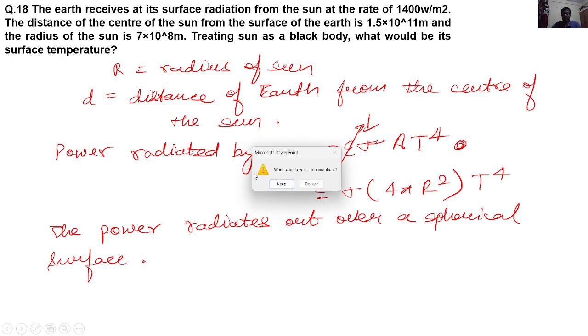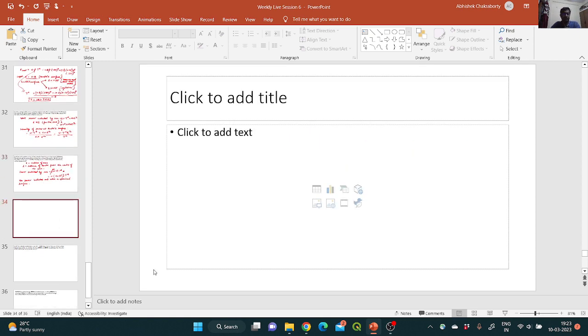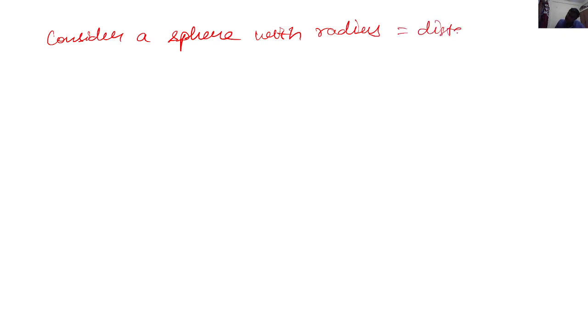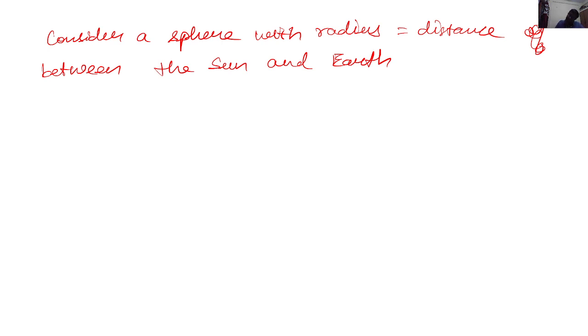Let's take another slide to just finish it up. Consider a sphere, it's an imaginary sphere, with a radius equal to the distance between the sun and the Earth, with center at the center of sun.